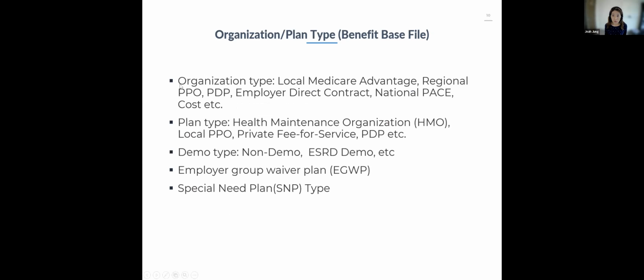There is a variable called organization type, org type, and it is contract-level information, telling you whether the contract is a local MA plan, regional PPO, standalone PDP, or employer direct contract.